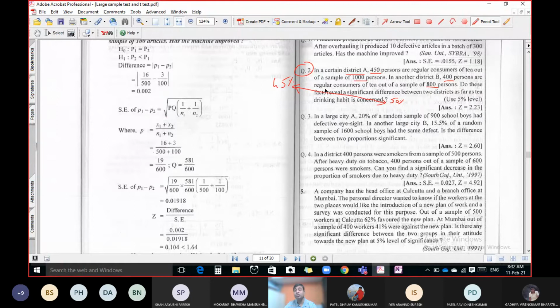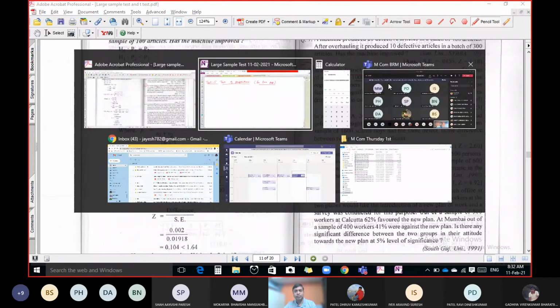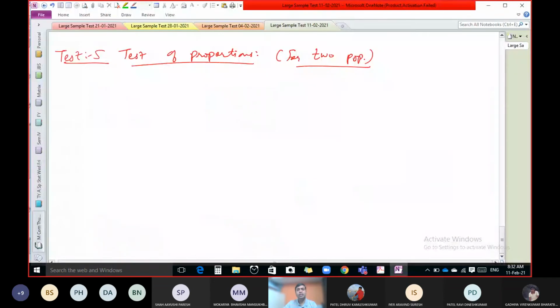That is what we want to check in this particular question. So it is a question of proportion. There is no mean or standard deviation, and it is not for one sample. There are two districts here, and we took two samples, one of 1000 and another of 800. So here we have to use this test for proportion.